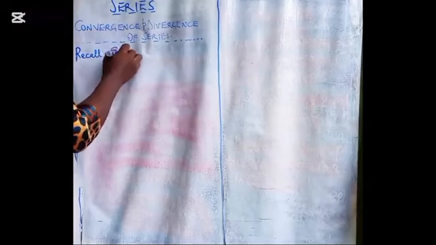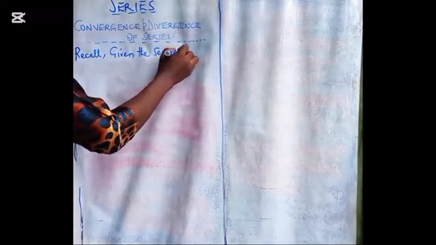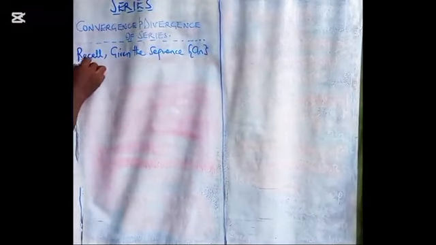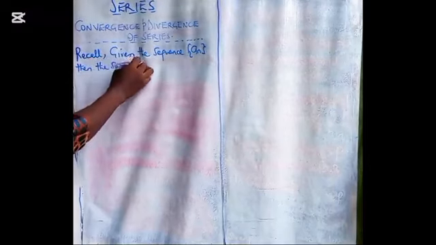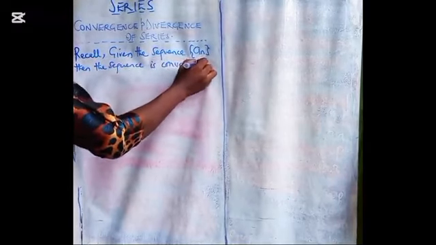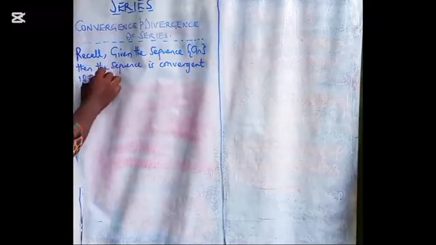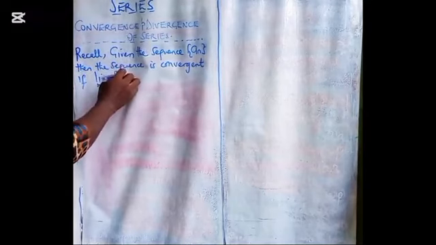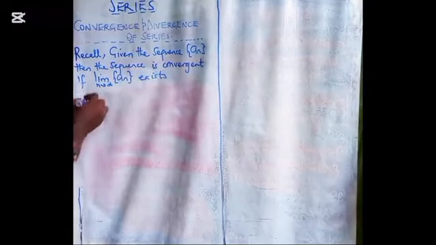That means, given the sequence a sub n, then the sequence is convergent if the limit as n tends to infinity of a sub n exists.